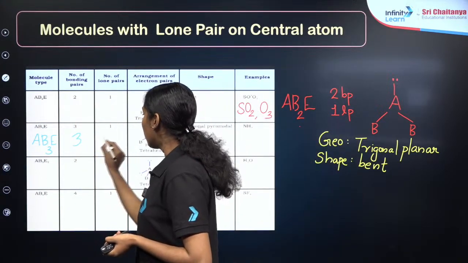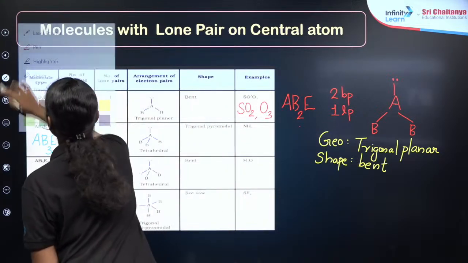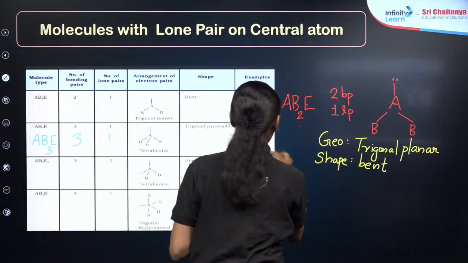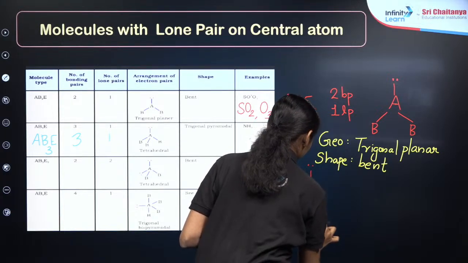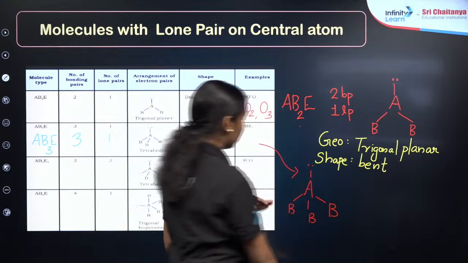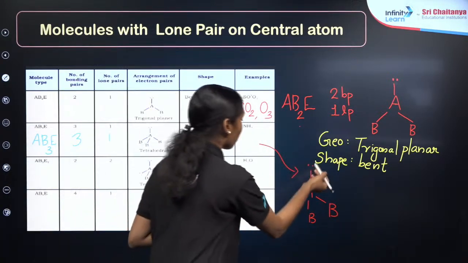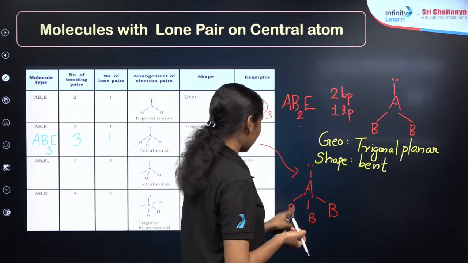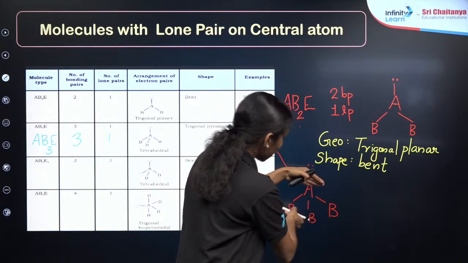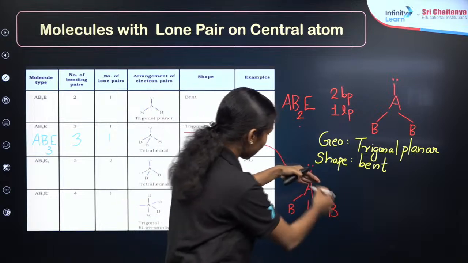Then this will have a geometry of tetrahedral, right? This will be the lone pair, this will be the bond pair. We can have the geometry of tetrahedral. But as we are considering these bond pairs only, it will have the shape of trigonal bipyramidal, right? It has a shape of trigonal bipyramidal.